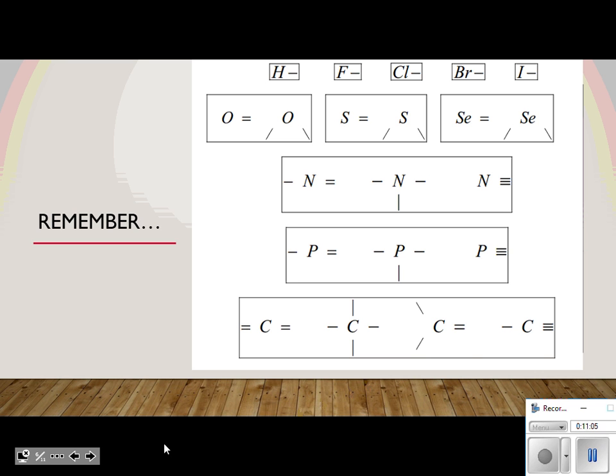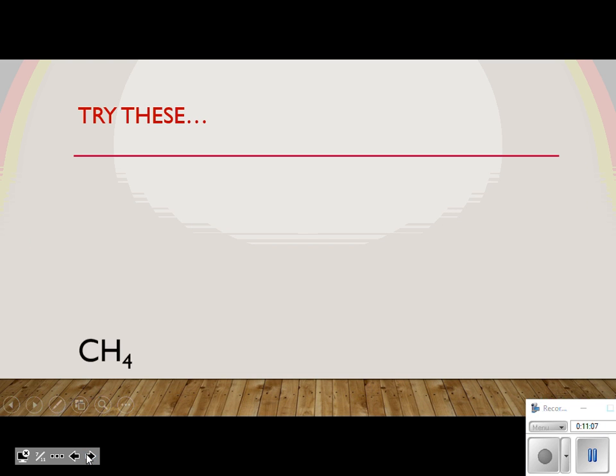Now, let's just start out real easy. I look at this and I see a couple of things to start with. Number 1, I have carbon, don't I? If I have carbon, I want to put carbon in the middle. So I'm going to start off by drawing the electron dot structure for carbon, and I'm going to put it in the middle.